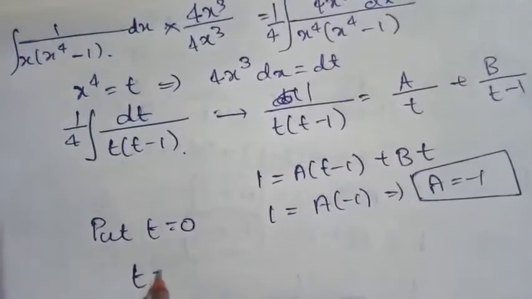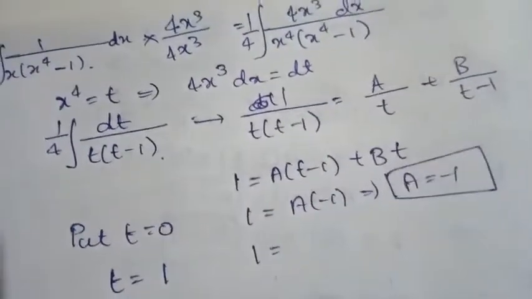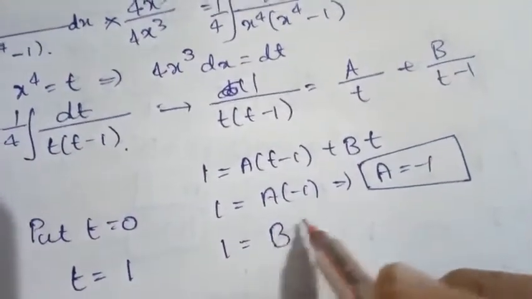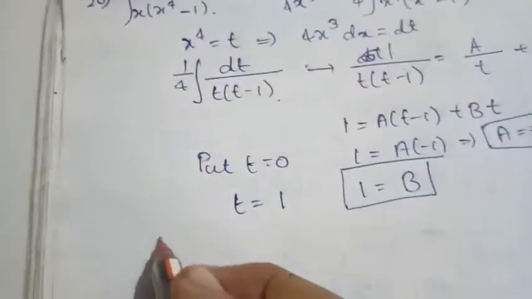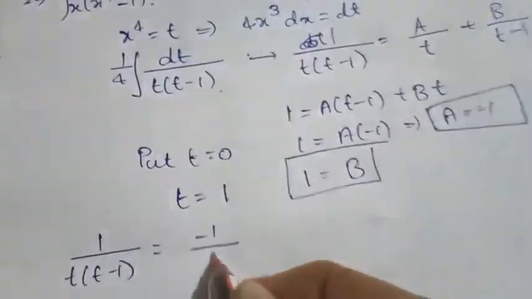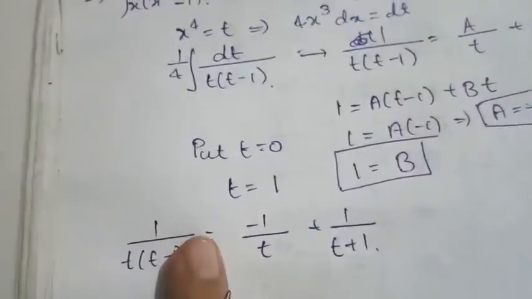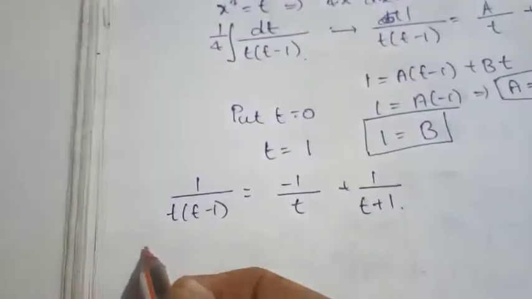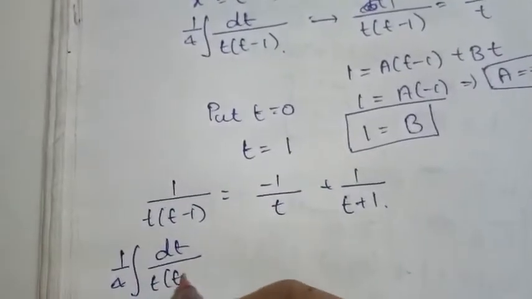When I put t is equal to 1, I get 1 into, this term will become equal to 0, b into 1 is 1. So the value of b is equal to 1. We got the value of a and b. So 1 divided by t into (t minus 1) is equal to minus 1 divided by t plus 1 divided by (t minus 1). Now consider 1 by 4 integration of dt divided by t into (t minus 1).